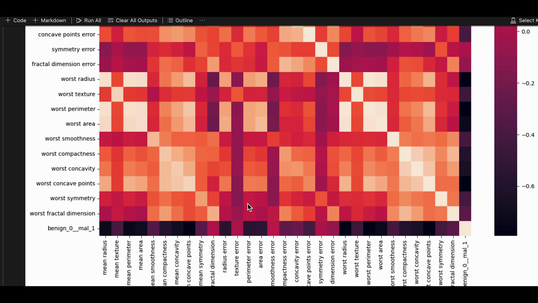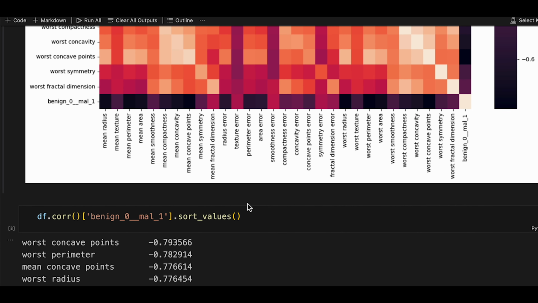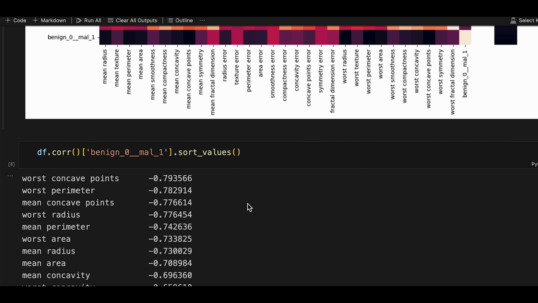So we can take out the part which is related to our output, and concentrate on how each feature is correlated with our output, so that we can remove some of the features.